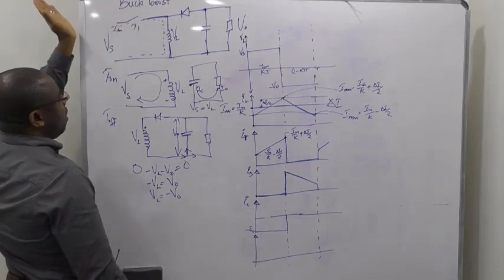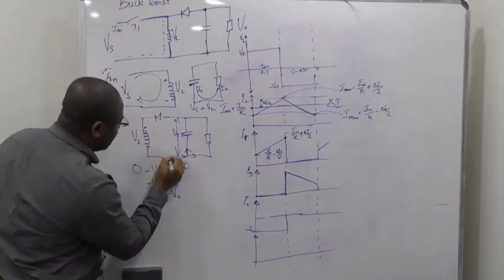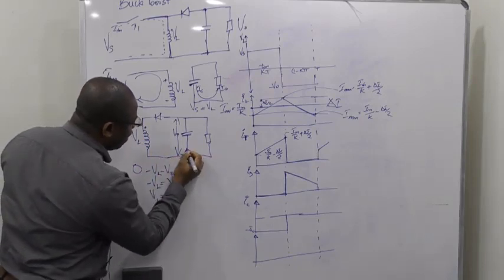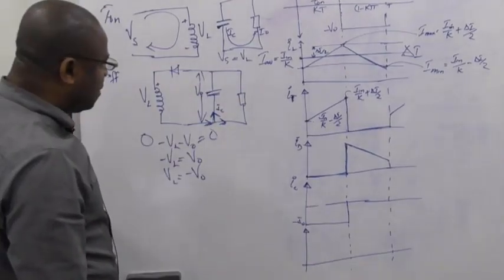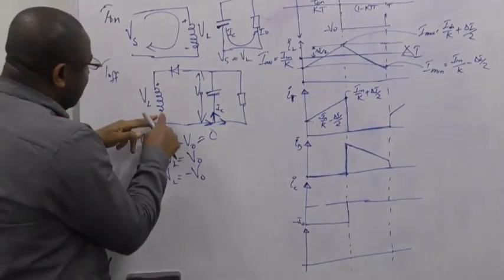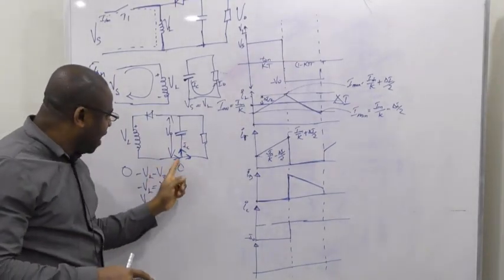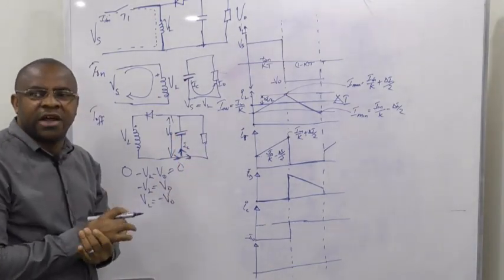But immediately you switch it off, now this current will flow this way. Some will go to the load, some will go to the capacitor. Now I want this IC. Remember that this current is discharging, through the capacitor and also through the load.